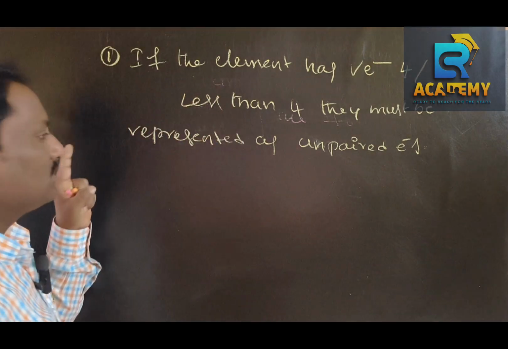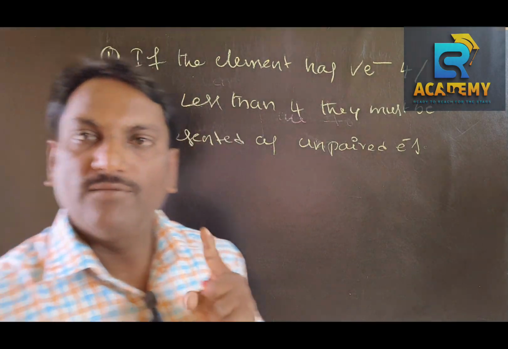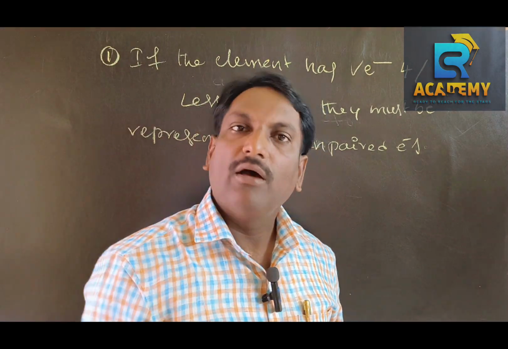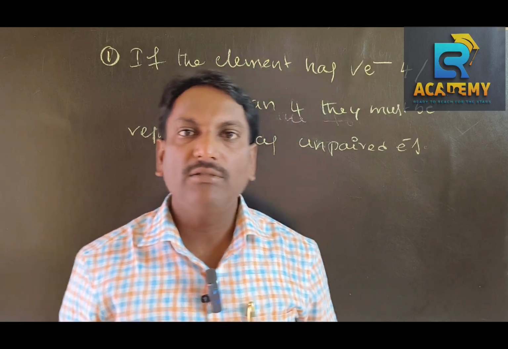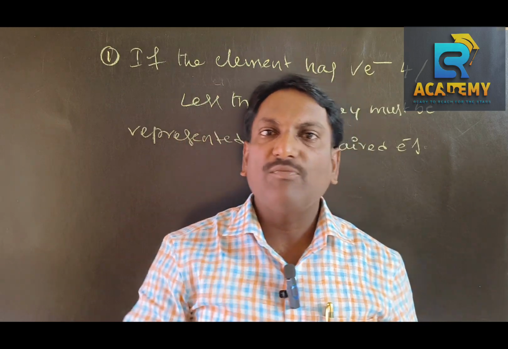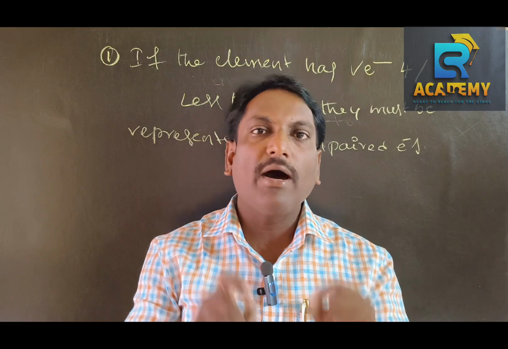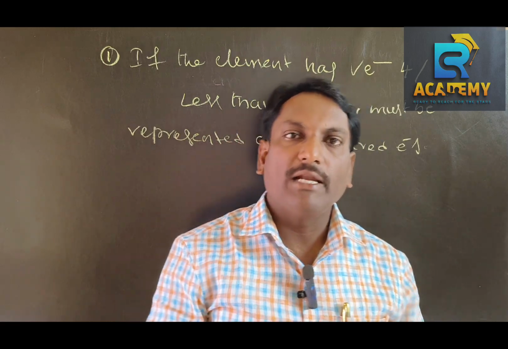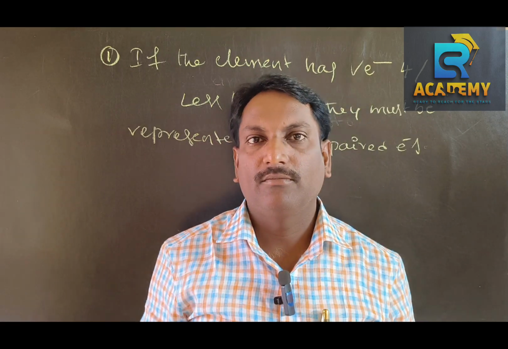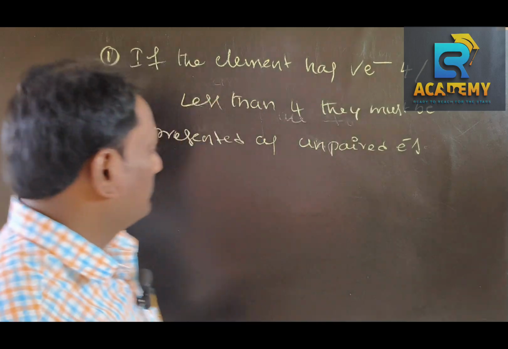Please try to understand this rule: if the element has 4 or less than 4 valence electrons, these electrons must be represented in the form of unpaired electrons. Unpaired electron means separately.